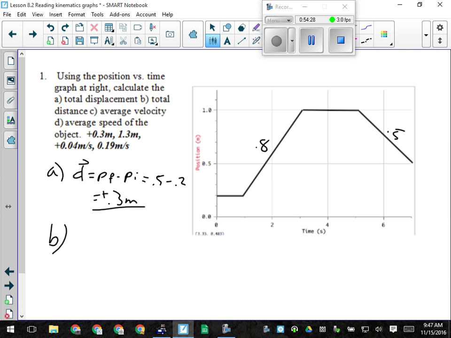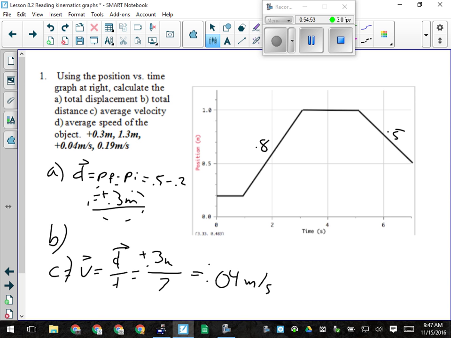For part C, the average velocity. Well, we already calculated one part of that formula, the total displacement. So average velocity equals total displacement, which you already calculated, over total time. That's going to be 0.3 meters positive, divided by 7 seconds, which should give us 0.04 meters per second, and that is a positive value.